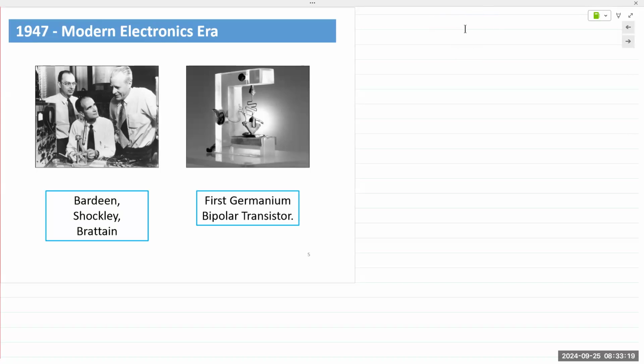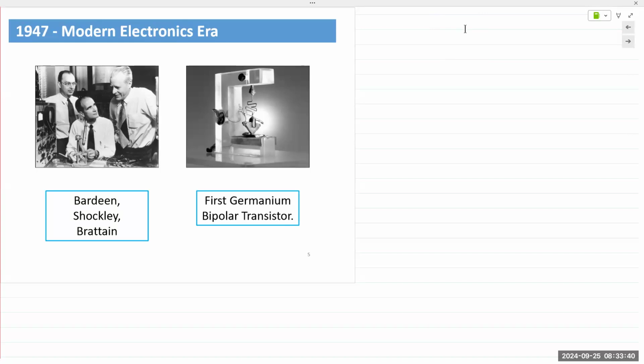Okay, the modern electronics era began truly in 1947. That was one of the first. I want to say one of the first because all research discoveries are always based on something that somebody did in the past.